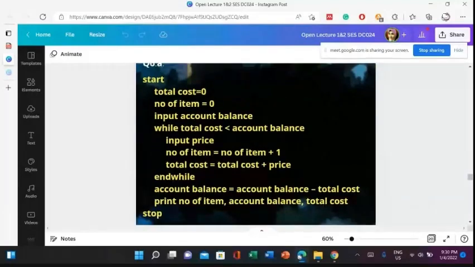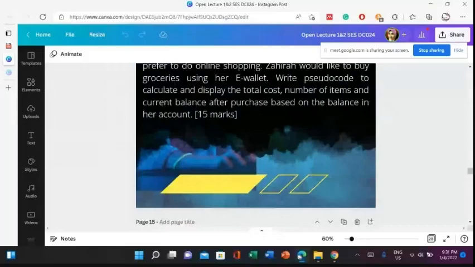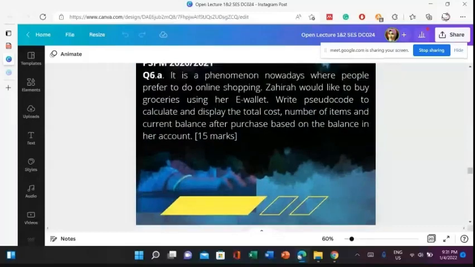Alright, of course for an algorithm, pseudocode, we need to have start and stop, or begin and end. And we need to set or initialize total cost to 0. Why? We need to set total cost equal to 0 because we want to calculate the total cost that we have spent.